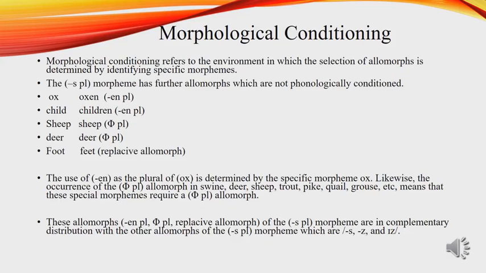It does not depend on the following or the preceding sound. It depends on the morpheme itself. Ox requires the use of en plural, not any other allomorph. Just en plural. That is why we have to select en depending on morphological conditioning.